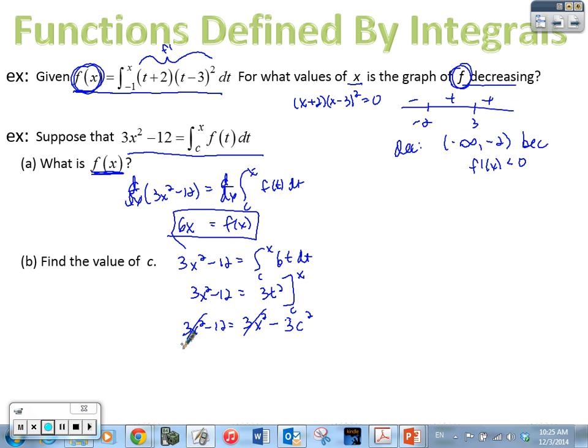So I'm left with negative 12 equals negative 3c squared. I divide the negative 3 off, and I get c equals plus or minus 2. Now we just need to verify that that would be an accurate statement. Certainly they would both work. So now we found c. Okay? We okay?